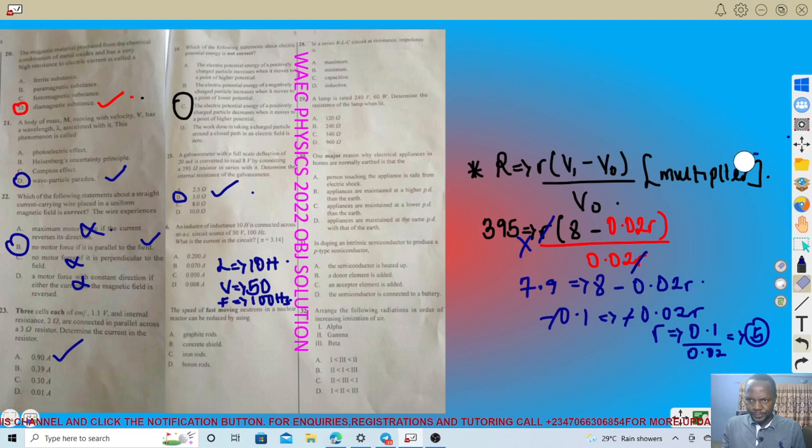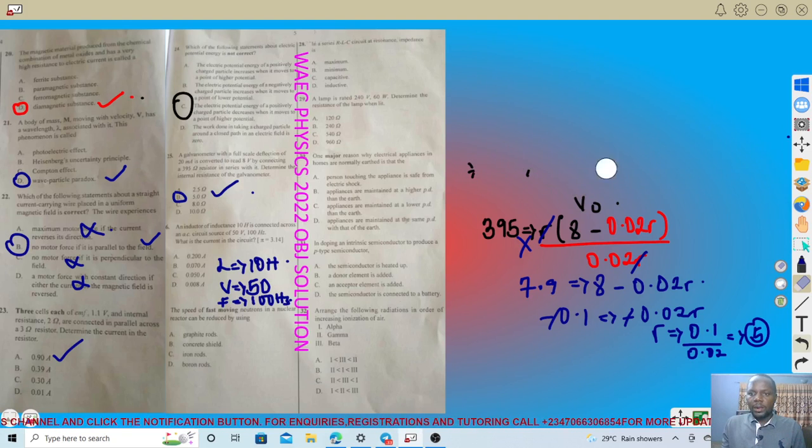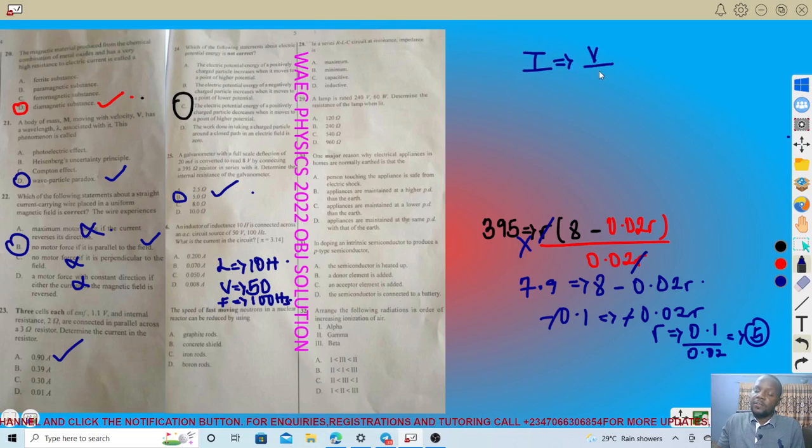Now doing that, we have to just use the direct formula we have learned from the concept of simple alternating current, also available on my physics channel. I is equal to V over R. But here you need to understand something: your R is the XL. So you have to write V over the resistance, which here is the XL.